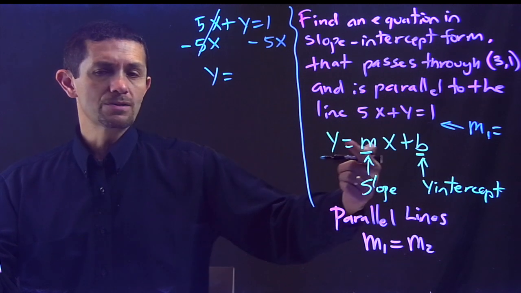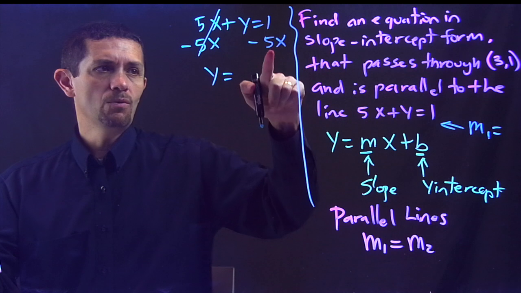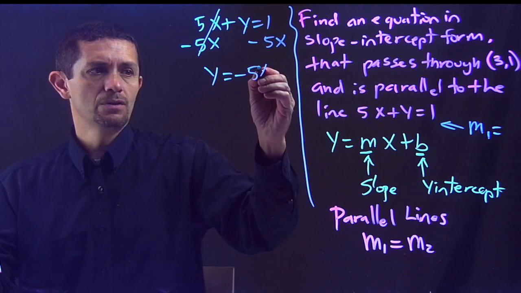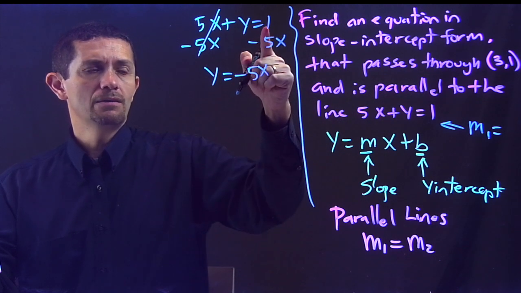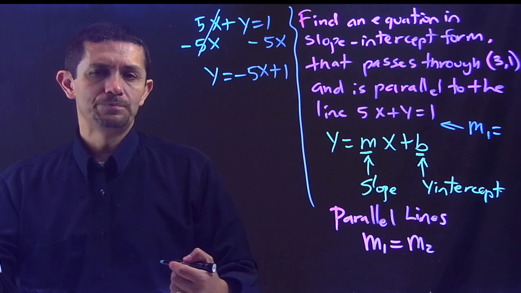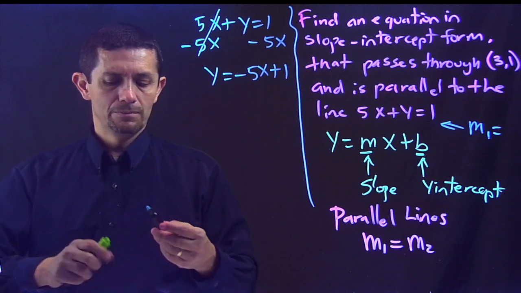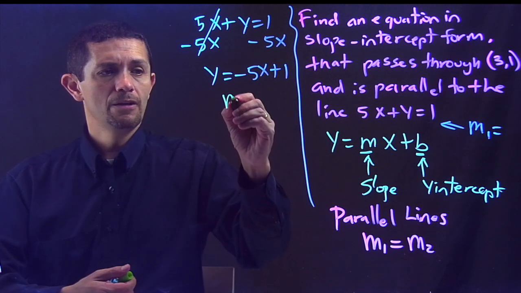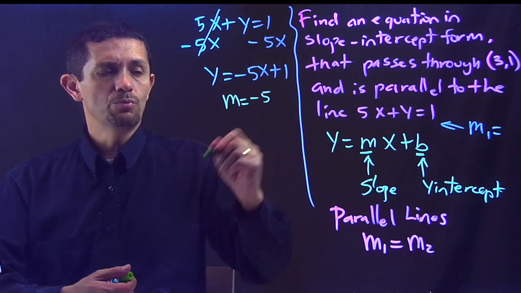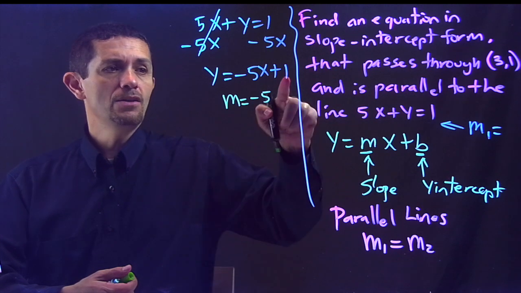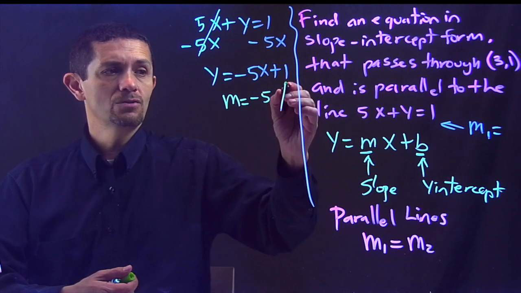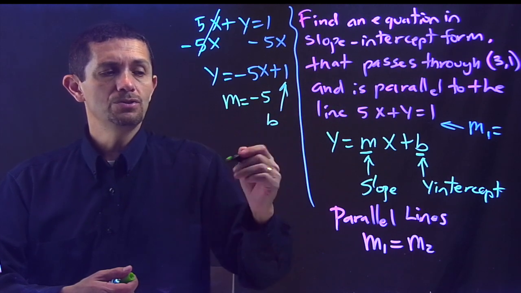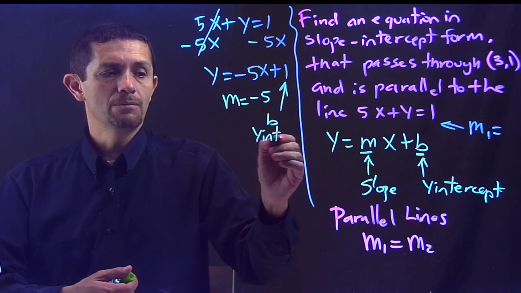Because I want to write it in slope-intercept form, I bring the 5x first, and I know that's negative, and then the 1 is positive. So y equals negative 5x plus 1. Any number that is with your x is going to be your slope, and any number after that is going to be your b, which is your y-intercept.